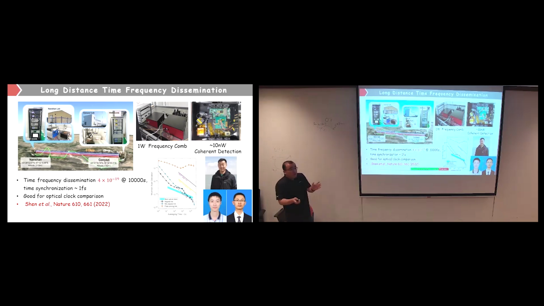The frequency comb is a kind of a pulsed CW laser. It has very sharp lines. So we use the frequency comb to send to each other, and we get the time-frequency determination, meaning about 10,000 seconds, we can go to 4 times 10 to the minus 19. Which means we can compare the clocks, because the best clock is also around this level.